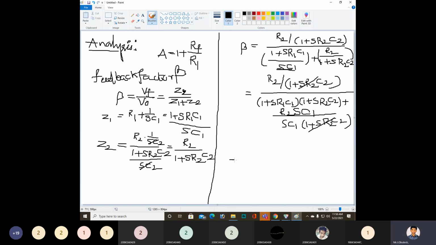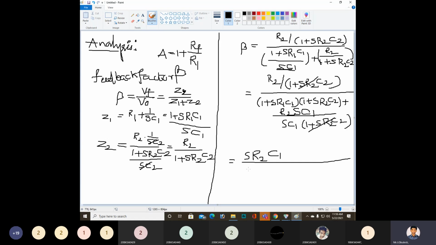In the denominator we are getting the maximum terms. SR2 C1, divided by these terms.